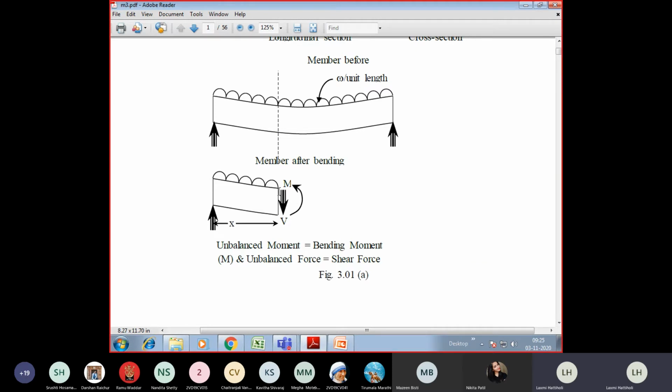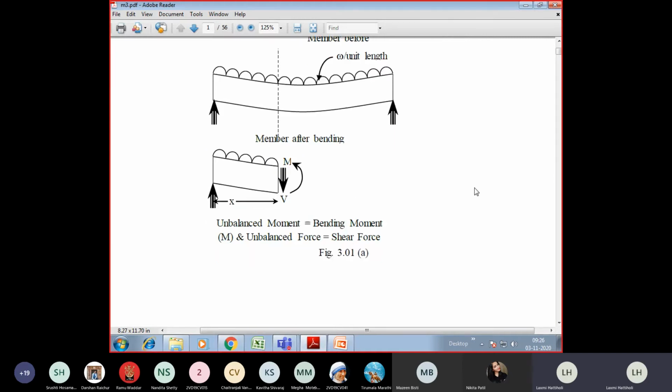This should be represented diagrammatically for the entire beam. That representation itself is bending moment and shear force diagram. What is the meaning of bending moment diagram and shear force diagram? The representation of this V and M throughout the section of the beam. You should draw that, right? That itself is bending moment diagram and shear force diagram.